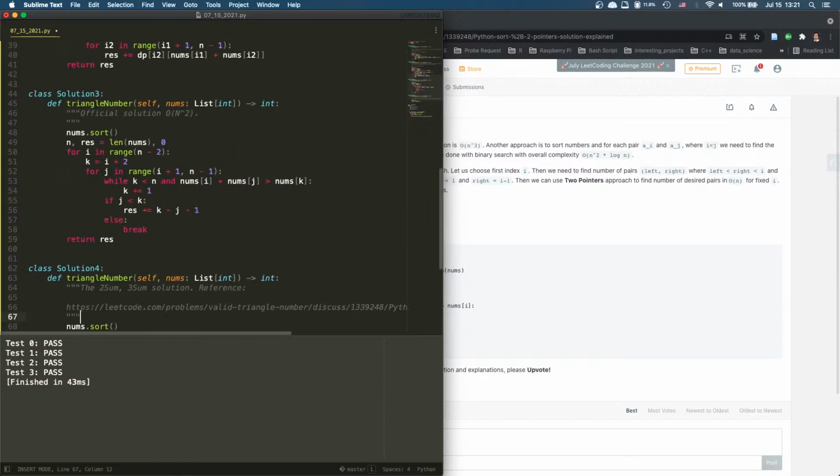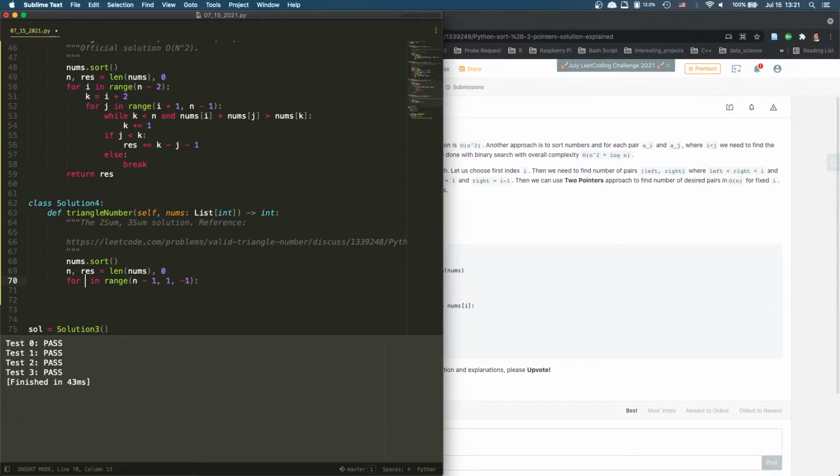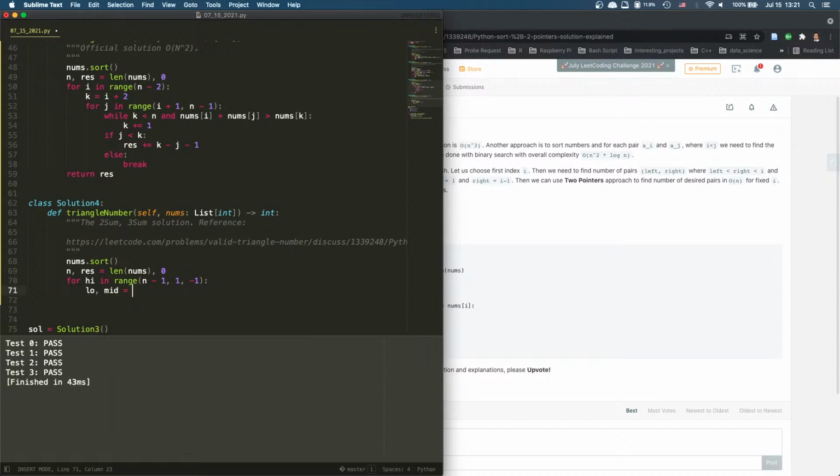Right? Two-sum, three-sum solution. So we sort these, and then we say for i in range n minus 1 to 1, right? So we can only get to 2, and then I'll just call it mid, right? And then low, no, this is high. High, and then low, mid: low is 0, mid is high minus 1, right?